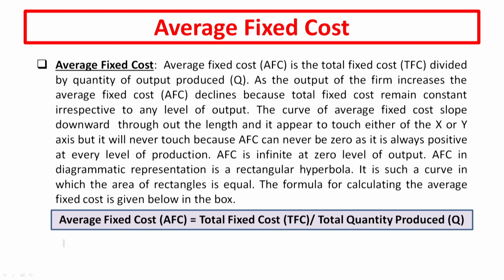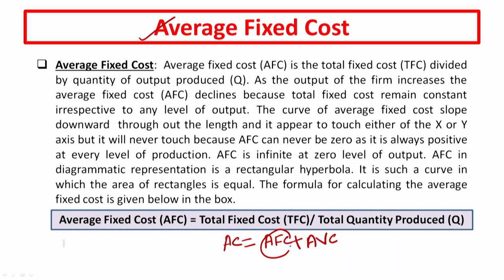As I told you, average cost can also be calculated by adding average fixed cost plus average variable cost. So now we are going to discuss average fixed cost. In the previous lecture we discussed that fixed cost remains constant irrespective of any level of output.